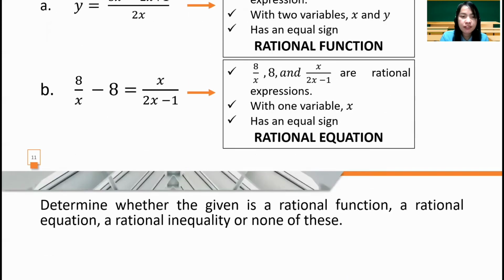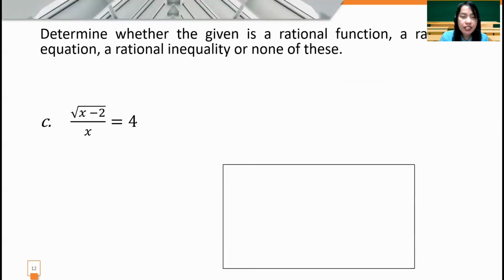Let's have letter C. The given is the square root of x minus 2 all over x equals 4. Let's check first. In the left side of the equation, we have a radical sign. In the numerator, this can be written as the quantity of x minus 2 raised to 1/2.